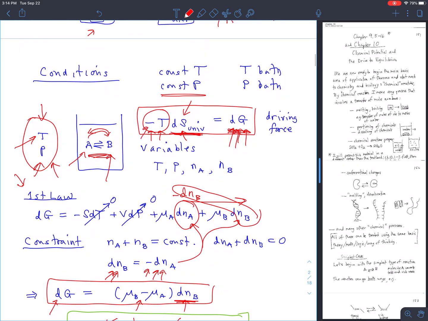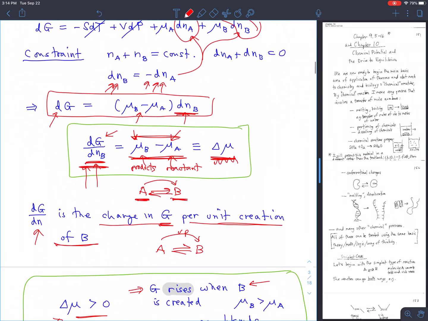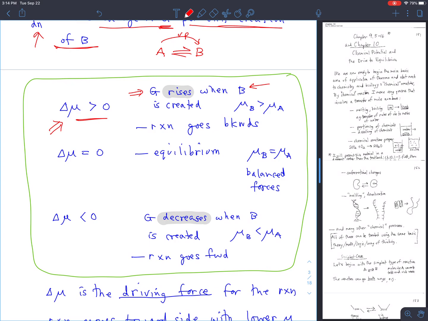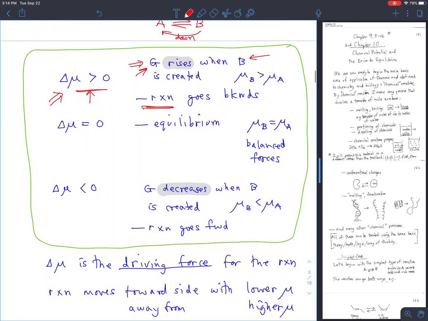There's this minus sign, so when dG goes up, dS is going down. That means that's an unfavorable change. That means that the reaction won't go forward, it'll want to go backwards. And so a chemical potential difference that's greater than 0 for a chemical reaction is a condition for the reaction to go spontaneously backwards.